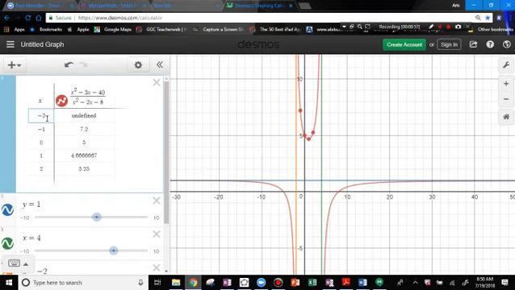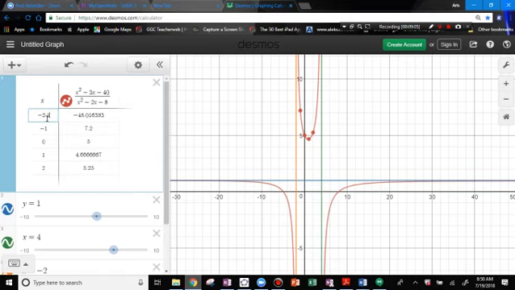So at -2 is undefined. I'm going to take -2 out, and let me get on the left of -2. -2.1, -2.01. These are numbers all on the left of -2.